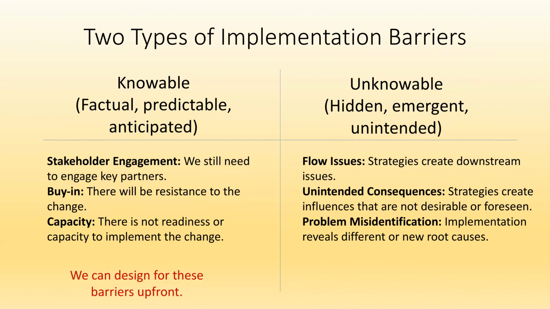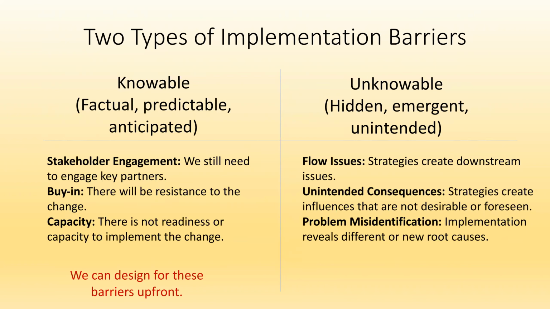And then the third one is problem misidentification. So sometimes, once you implement your strategy, all of a sudden you realize that there are new or different root causes that are really critical issues that need to be addressed in order for your strategies to be effective. This is just something that we have to pay attention to, and it may be that those other root causes could never have been known until we began to act, and so that's okay.